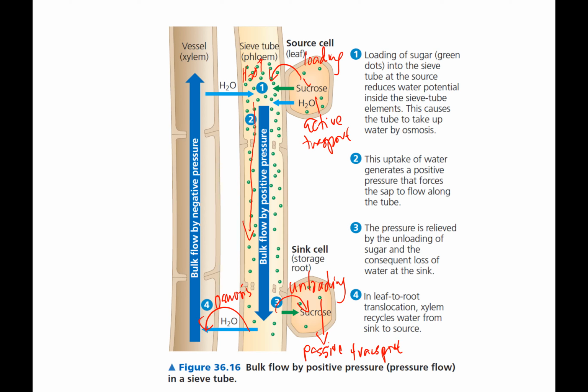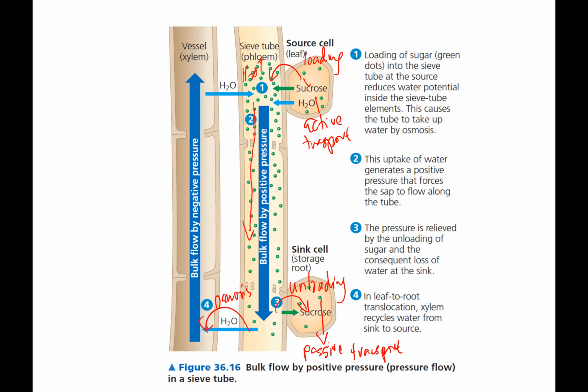The first step starts from the source cell, or the leaf, where sucrose in the leaf cell will be loaded into the sieve tube in the phloem. I repeat again: the sucrose will be loaded into the sieve tube in the phloem by active transport.